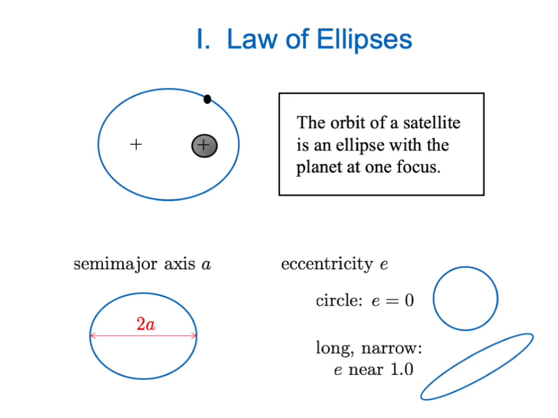The first is the semi-major axis, which is 1/2 of the major axis, or large diameter, of the ellipse. And the second basic quantity is the eccentricity. It's a measure of how flattened the ellipse is from being a circle. A circle has eccentricity 0, but a very long, narrow ellipse would have an eccentricity near to 1.